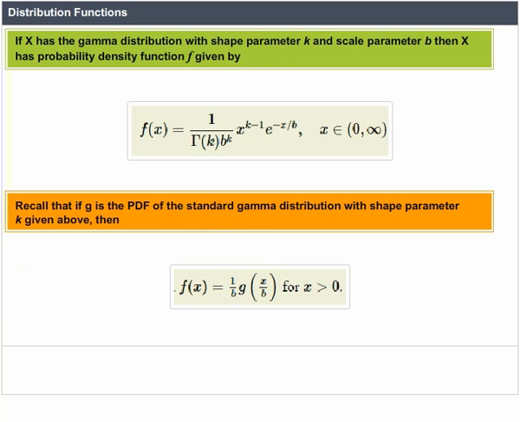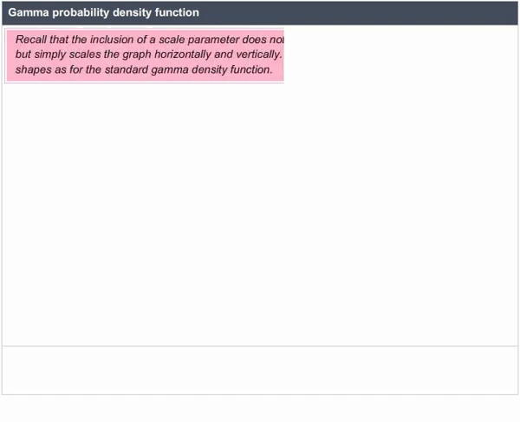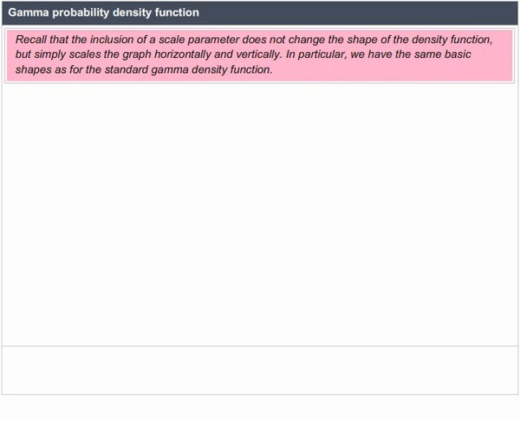Gamma probability density function. Recall that the inclusion of a scale parameter does not change the shape of the density function but simply scales the graph horizontally and vertically. In particular, we have the same basic shapes as for the standard gamma density function.